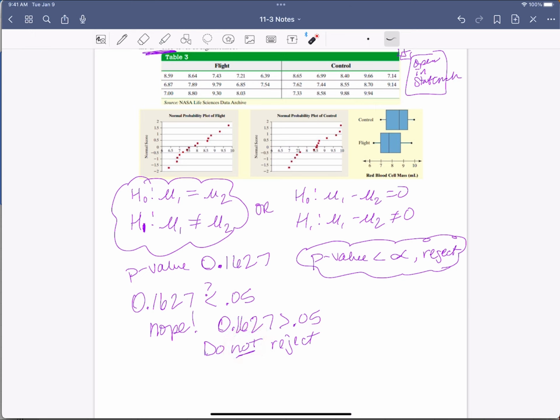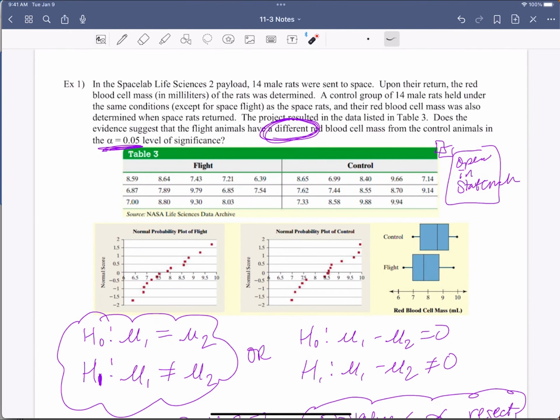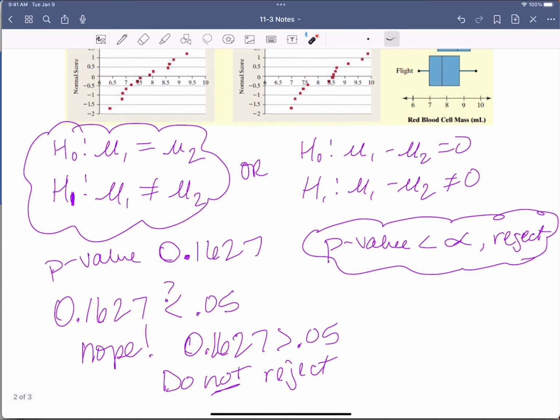When you have this data, yeah, we math it out, but I really want to make sure you understand what's going down. So what we just determined based on our hypothesis test is we're saying with just a 0.05, so we're 95% confident that whether these rats are in space, their red blood cell mass versus the ones that are not in space, there is not going to be a difference.